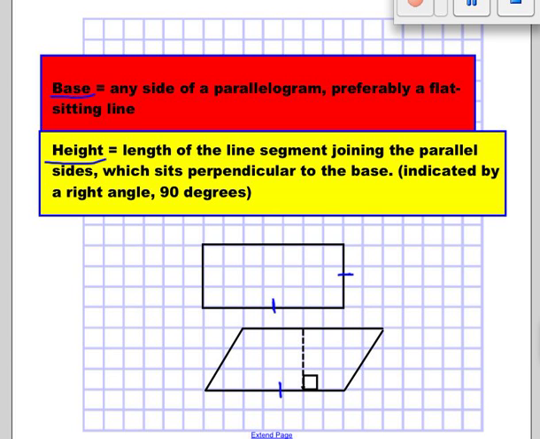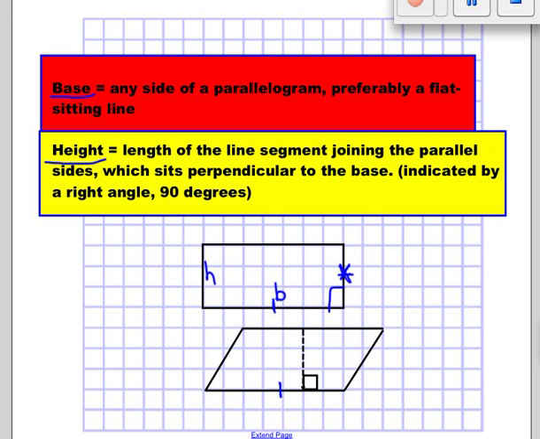This line on the right connects my top line and my bottom line. If we look in the corner, those two lines meet at a 90-degree angle. So in the case of my rectangle, that would be my base, and that would be my height.